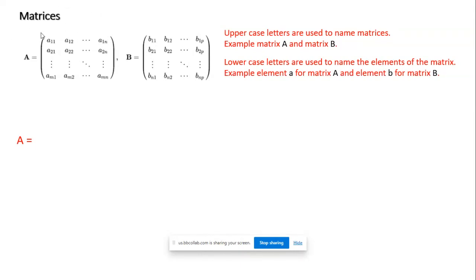In my matrix A, the first element here, A11, has a 1 like a subscript. This says that this element belongs in row 1, column 1. The second one, A12, refers to the element in row 1, column 2, and so on and so forth.